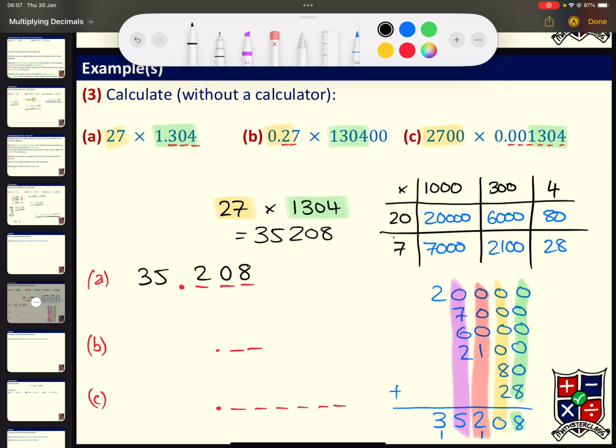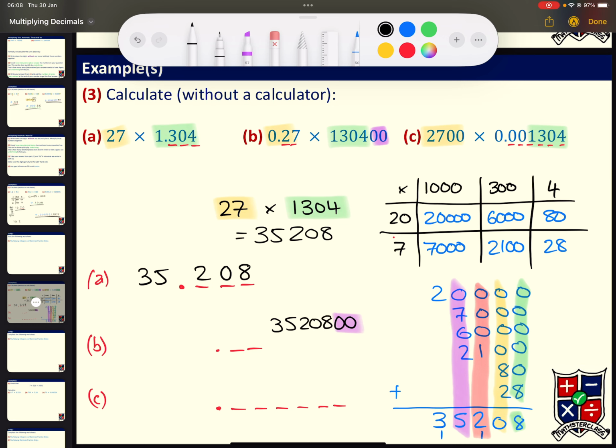The second one, we're going to have a little bit extra. If we notice what I've highlighted in yellow and green here, and what I've underlined in the decimal places, we haven't actually considered the fact that the second number is bigger than 1,304. So there's actually 2 zeros that are going to go on the end. So for the second one, we're going to have 2 zeros on the end of our 35,208.